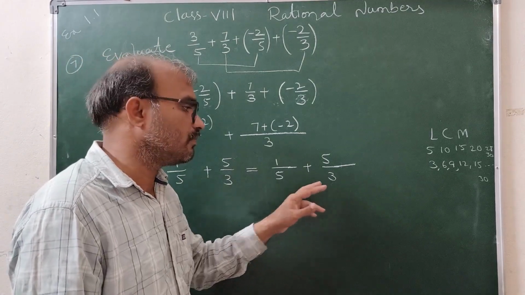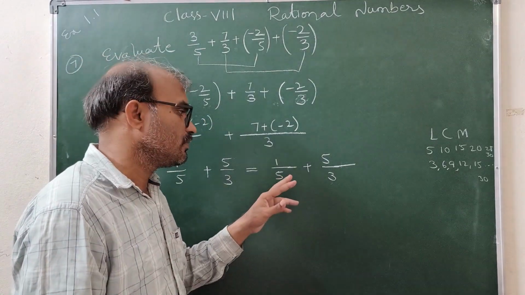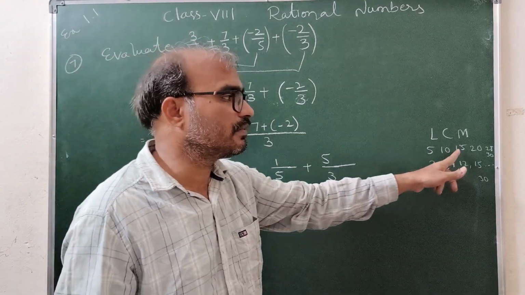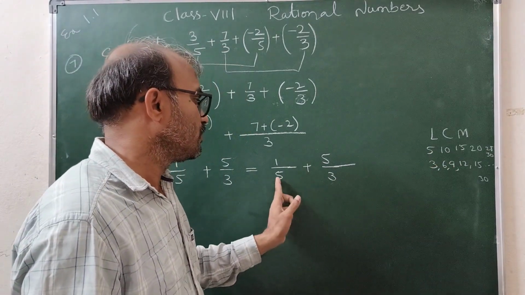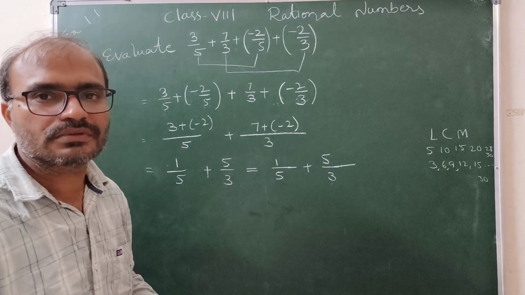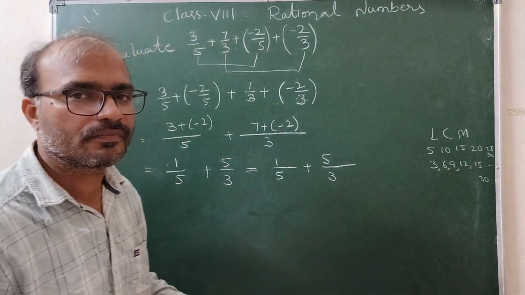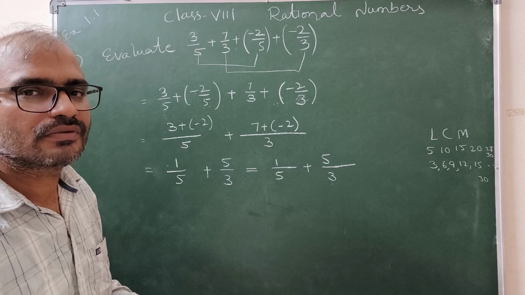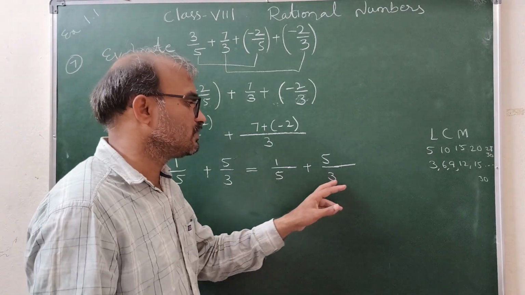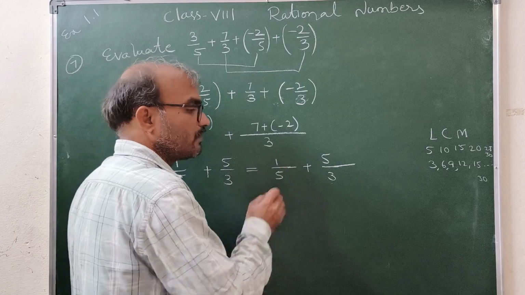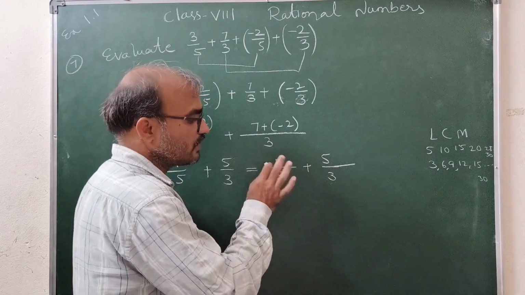If you are good at tables, you should get the idea that 15 is the first common multiple of 5 and 3. So I have to equalize the denominators to 15 without changing the value of the fraction. That is very, very important.